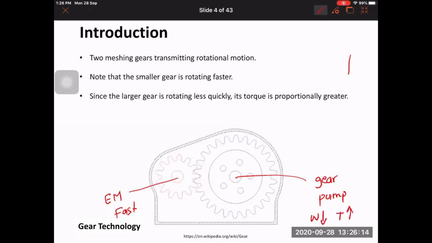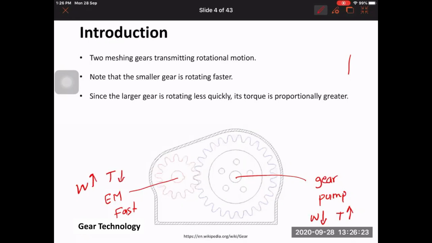Normally the electric motor produces high speed, high omega, but the torque is normally small, okay? So using this gear set that you see, we can convert the motion so that we can reduce the speed and at the same time increase the torque. Why? Because the power that is transmitted from here to here is constant.